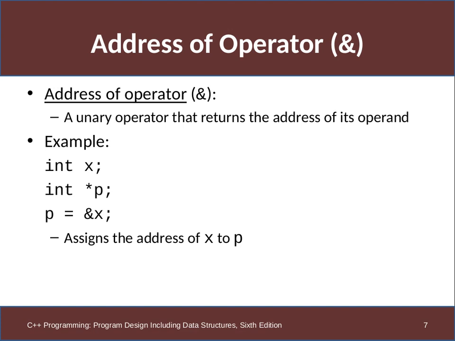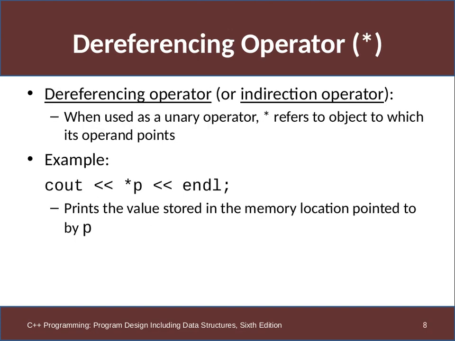No. It would be the address of, yeah, just read it literally. So if you put ampersand p, it's going to give you the address where p resides. p happens to also hold at that address the address of x. Okay? Important to keep that straight, especially in your project.